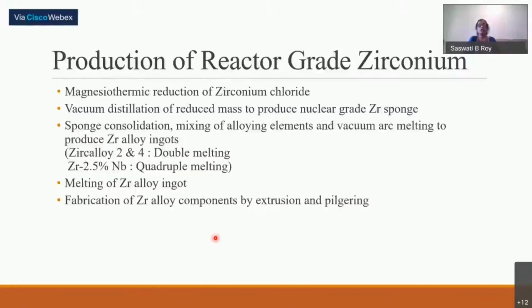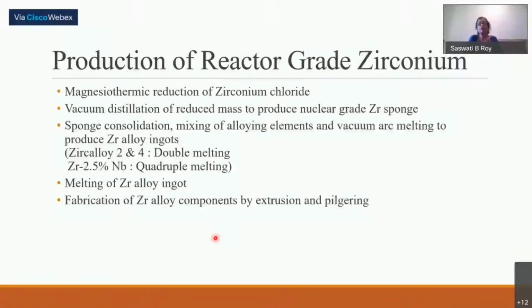And for many other materials, like your sponge storage and all, you have to be very careful because zirconium dust or particles are highly pyrophoric. It catches fire. So considering all these problems, it's a very big challenge.